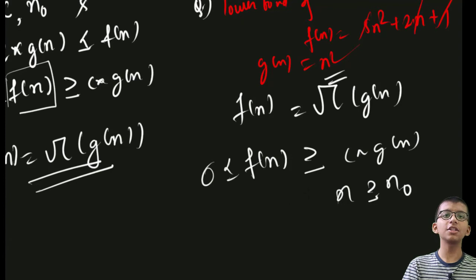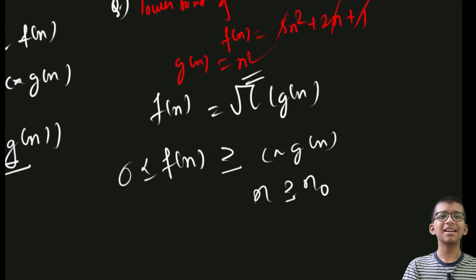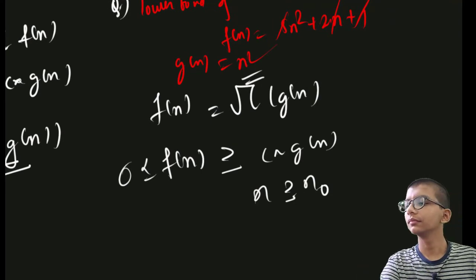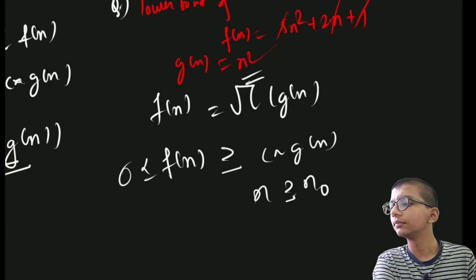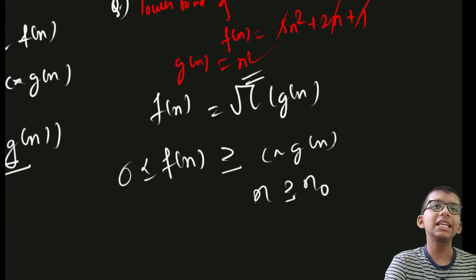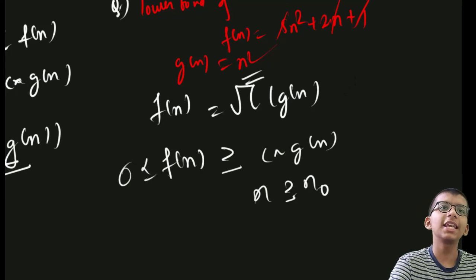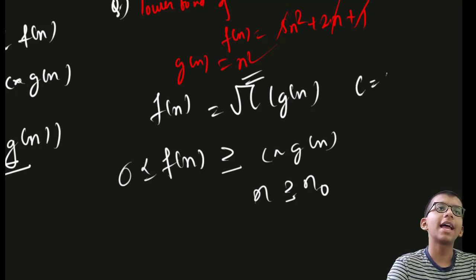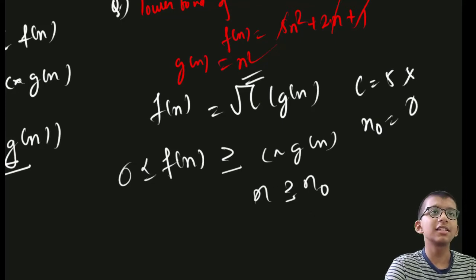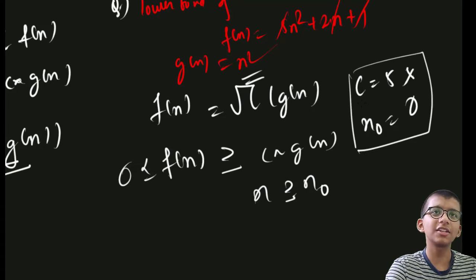So for satisfying the condition, we can take c as a little bit more crunchy, like c equals 5. So we can take c equals 5 and n naught equals 0. Okay, so it satisfies the condition with these values. You can take any values which satisfy the condition, and you're good to go. So how do we write the answer?